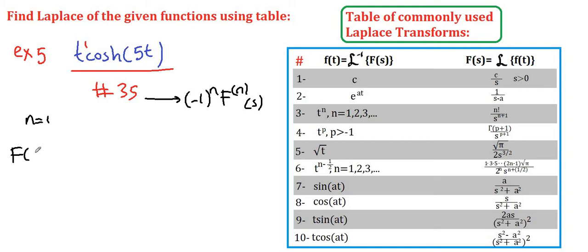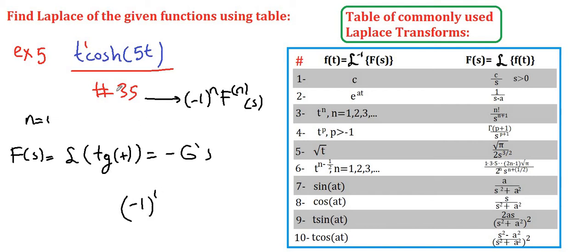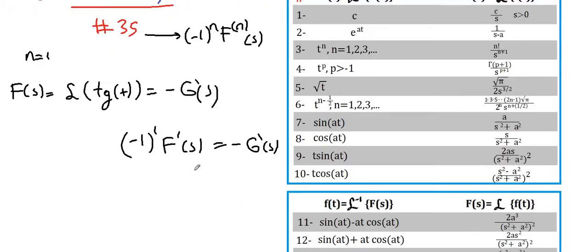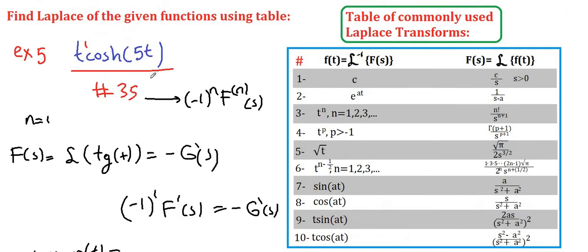So our F of s is equal to Laplace of t times g of t, which is going to be equal to negative G prime of s. Because if we apply this formula, negative 1 to the 1, our power here is 1, the nth derivative, which is the first derivative of s, will be negative. We need to change the name of the function, G prime of s, where g of t will be, in our case, cos of 5t.